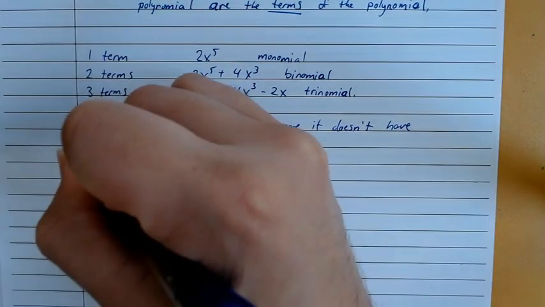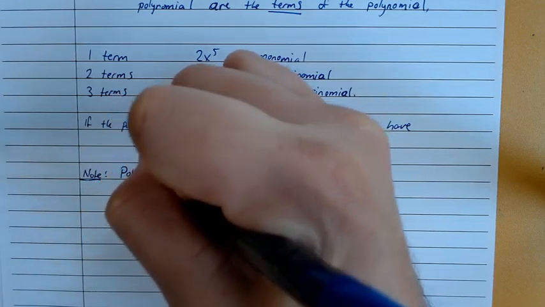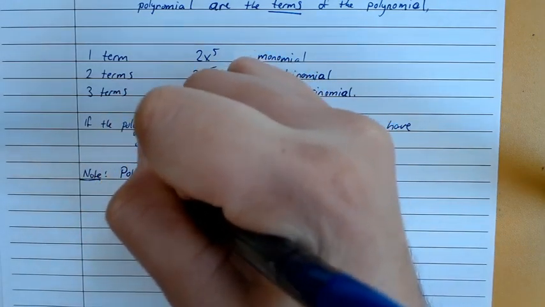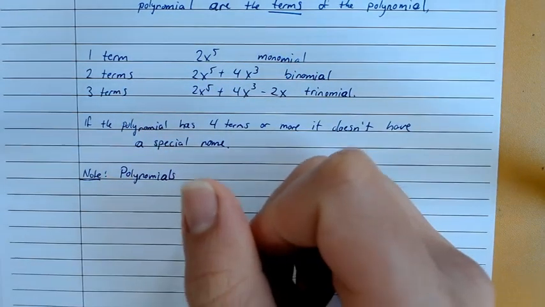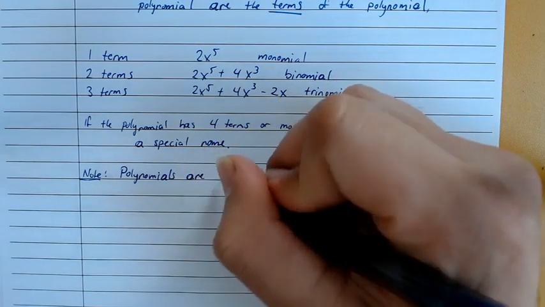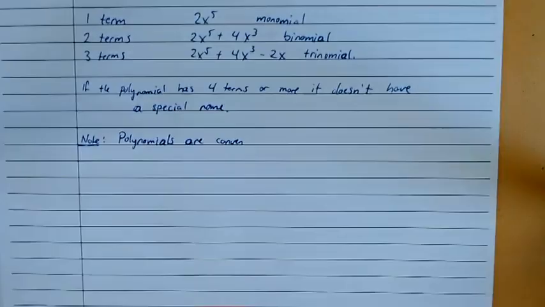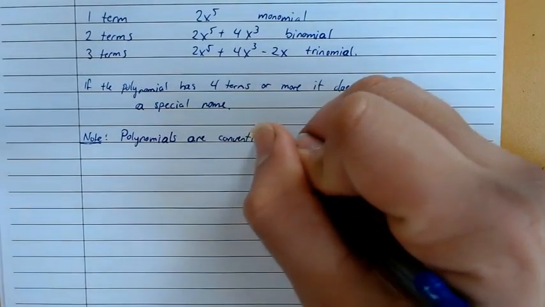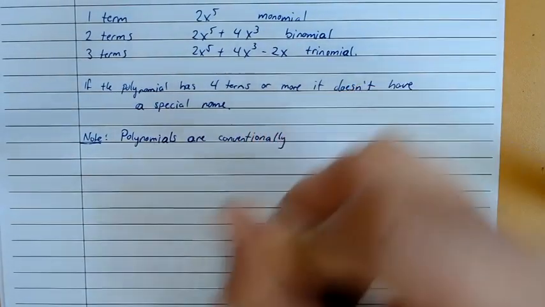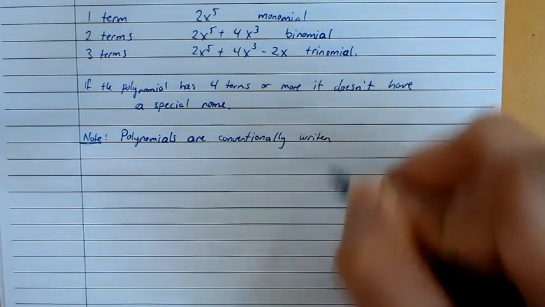So note, for convenience and for simplicity of some other things that we'll be doing, polynomials are conventionally written in descending order.